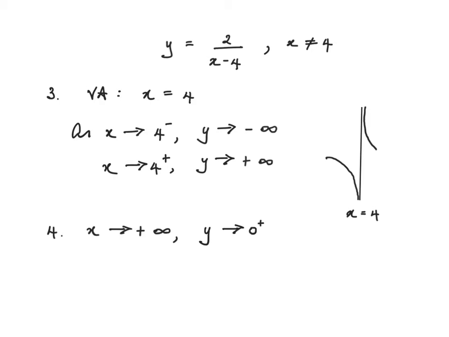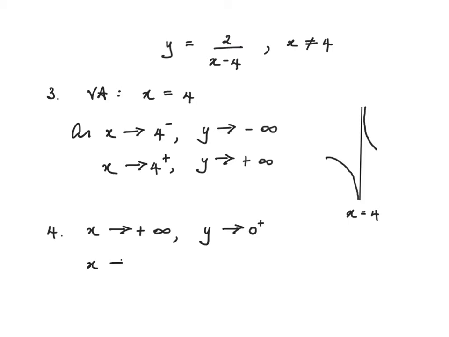Let's just say that again. When x is very large, the minus 4 is irrelevant, so we've got 2 divided by a very large positive number. That's a very small positive number, which is to say just above 0. What that means is that in effect y equals 0, which is the x-axis, is a horizontal asymptote.